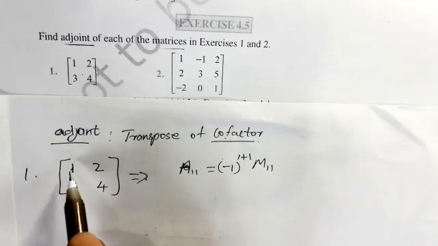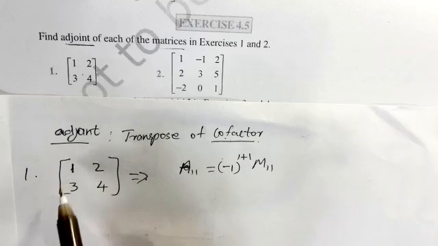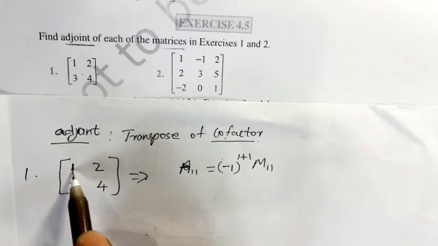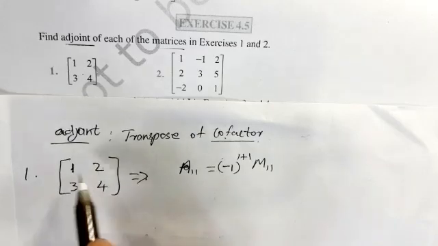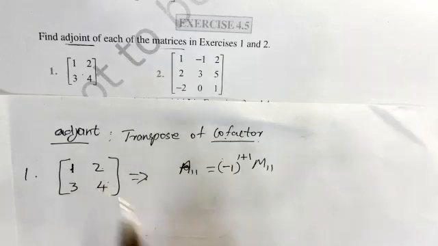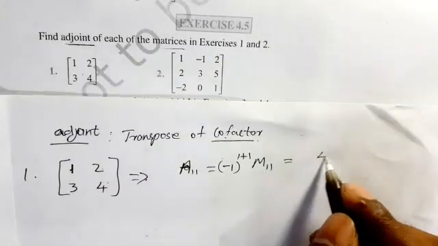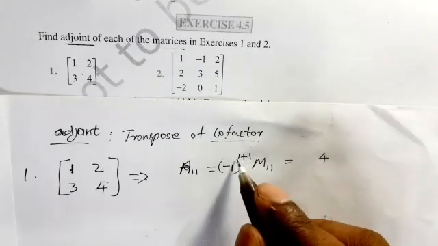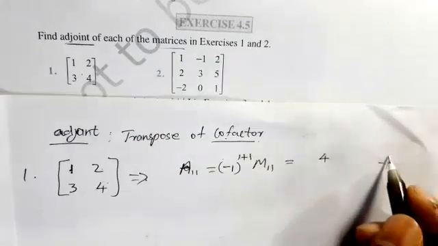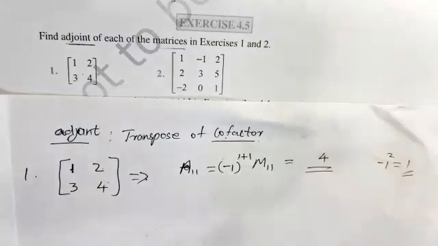Once again, we are going to find the first position of the cofactor. Cofactor of this element means just delete the column and row where this element is included. Then we get this 4 alone, that is the value M11. And here minus 1 raised to 1 plus 1, 1 plus 1 is equal to 2. So minus 1 squared is equal to plus 1. So 1 into 4 is equal to 4.